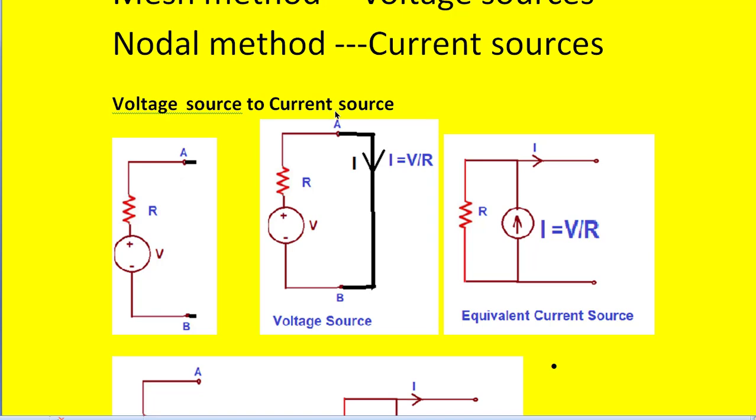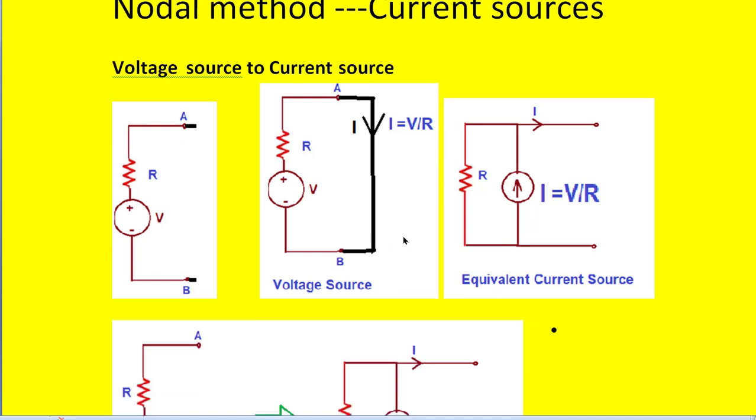Suppose we want to convert the voltage source to the current source. This is the voltage source and we want to get the equivalent current source. For that, first close the circuit like this, then we get a closed circuit, a current will flow, and that current is given by I = V/R.